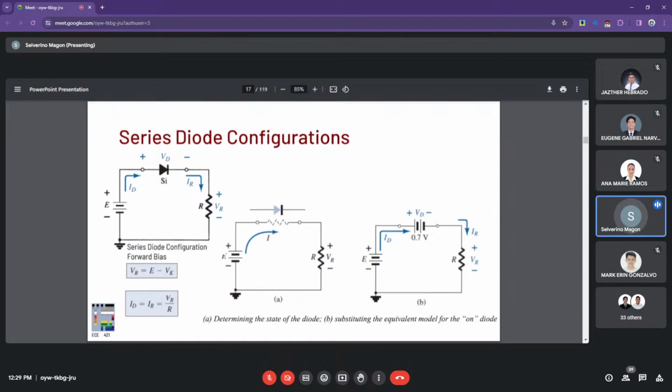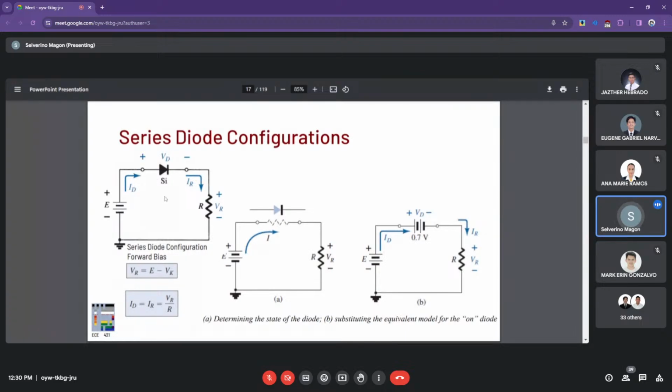Okay, so considering the following circuit example, if you have a diode series configuration, then we can perform this analysis: the voltage drop across the resistor, represented by VR right here, is equal to the supply minus the forward voltage of the diode, or the knee voltage, so to speak.